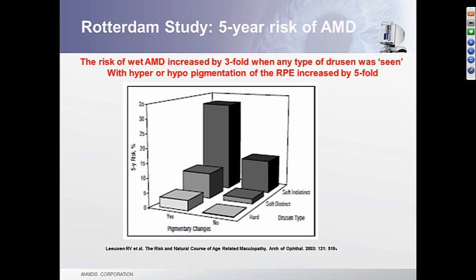Remember also that the risk of wet AMD is increased threefold when any type of drusen is seen clinically in combination with hyper or hypopigmentation. So those patients are much higher risk, and I'm going to walk through some cases that demonstrate what that clinical appearance looks like.